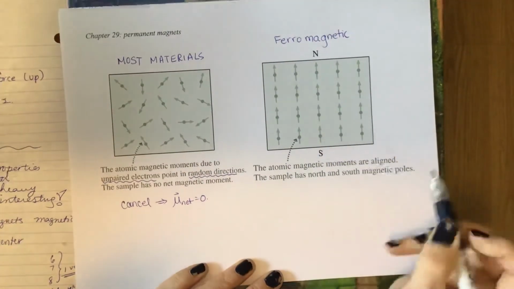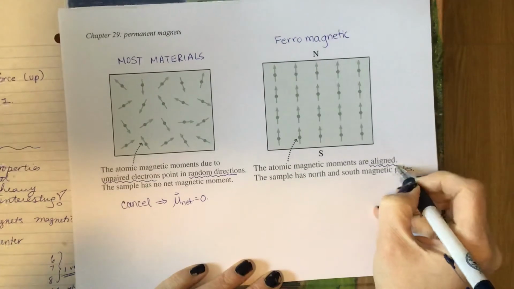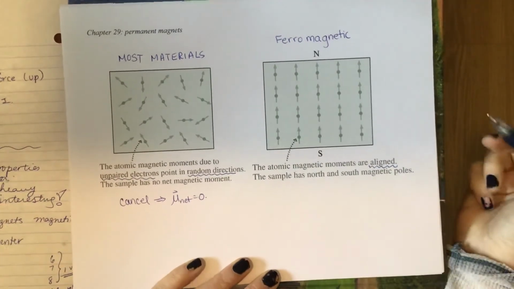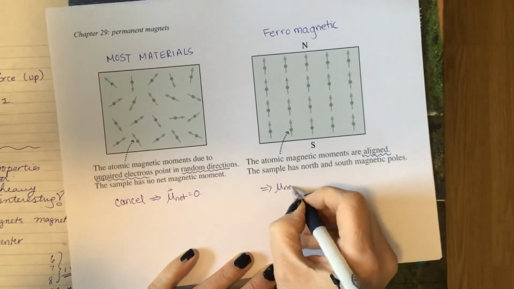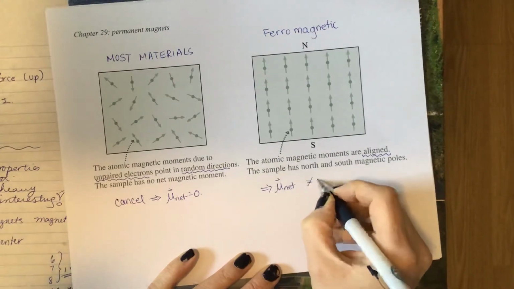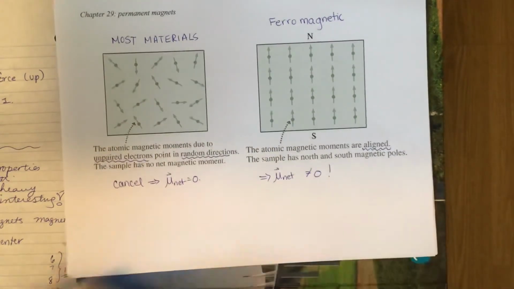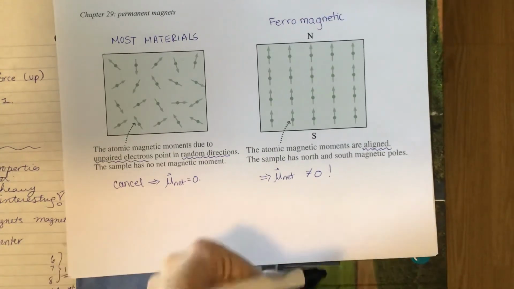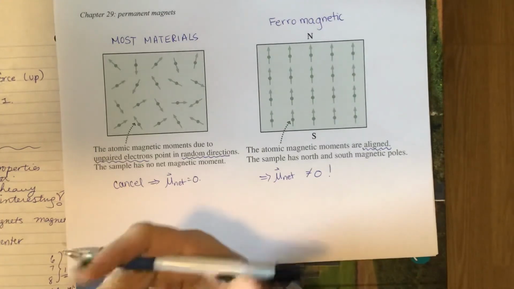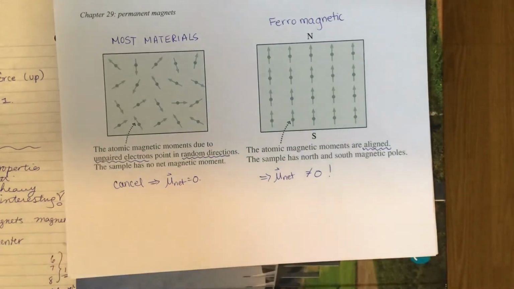So all of the magnetic moments are aligned. Okay, so north and a south pole. That results in a net magnetic moment. So mu net is not zero. So that's kind of cool. When you stick a magnet on your fridge, you're actually seeing the effect of the little electrons in the material that are spinning. So that's kind of a cool idea.